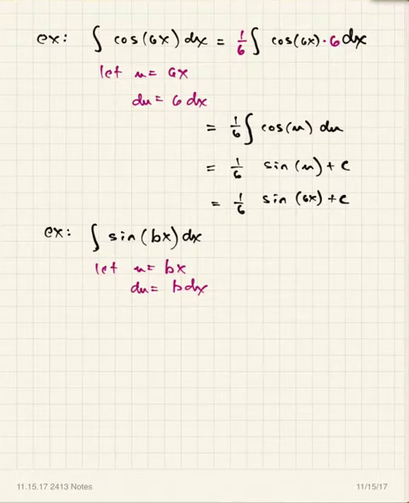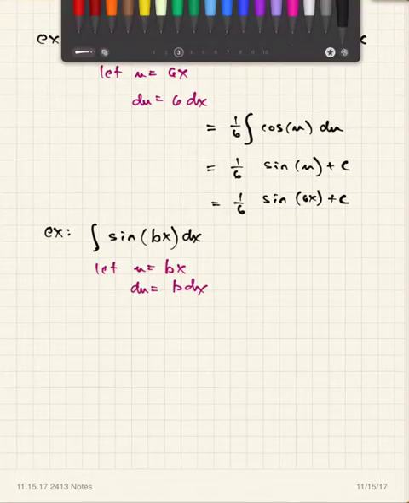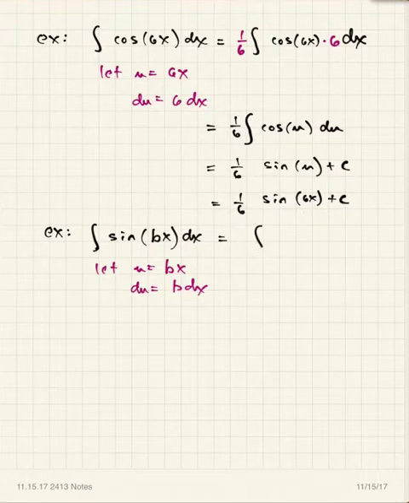And so what would I do with my integral here? I'm going to write this whole thing down again. I'll have sine of bx, leave a little bit of a space, put the dx there. And what am I going to do? I'm going to multiply by b on the inside of the integral and 1 over b on the outside of the integral.